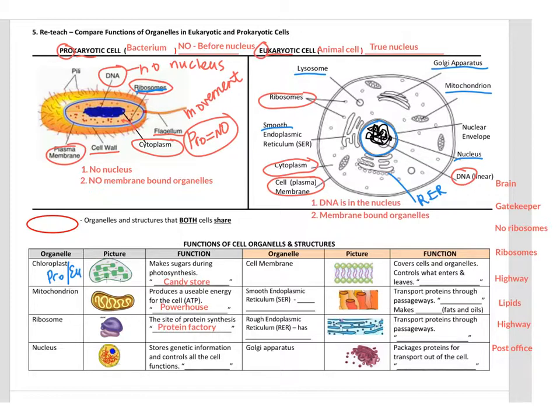Nucleus is a control center of the cell, and it can be compared to the function of our brain. Brain controls the functions of other organ systems. And nucleus also stores genetic information or genetic material, which is DNA. And DNA, as you remember, has instructions how to make proteins that are made by ribosomes.